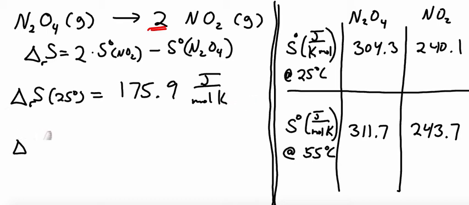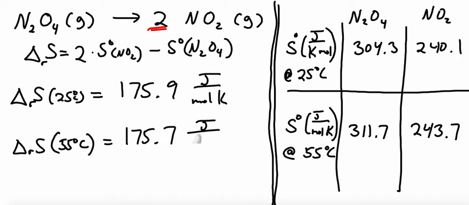If we do the same calculation with this data at 55 degrees, we end up getting a delta S for the reaction of 175.7 joules per mole per Kelvin.